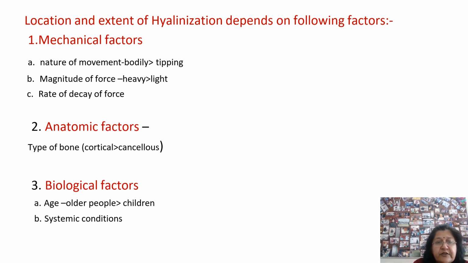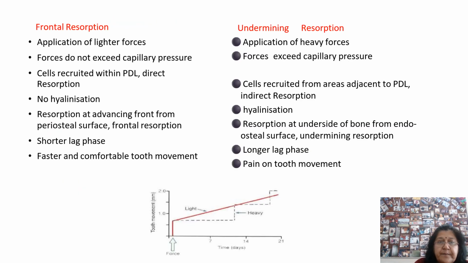Anatomic factors like the type of bone: hyalinization occurs more in the cortical, which is a hard bone, rather than the cancellous bone. And biologic factors: in older people, more hyalinization occurs than in children. And various systemic conditions can also cause more hyalinization to occur.